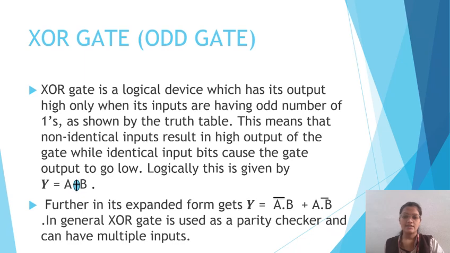This means non-identical inputs result in high output of the gate, while identical input bits cause the gate output to go low. Logically, this is given as Y is equal to A XOR B. Further, in expanded form, Y is equal to A complement dot B plus A dot B complement. In general, XOR gate is used as a parity checker and can have multiple inputs.